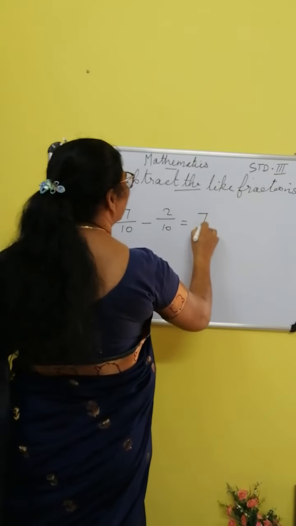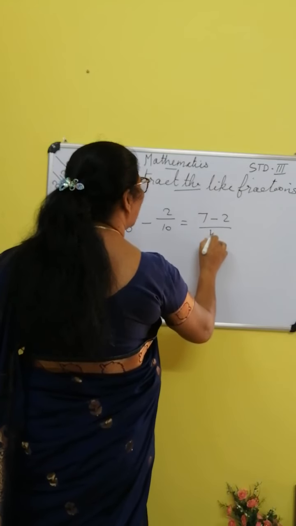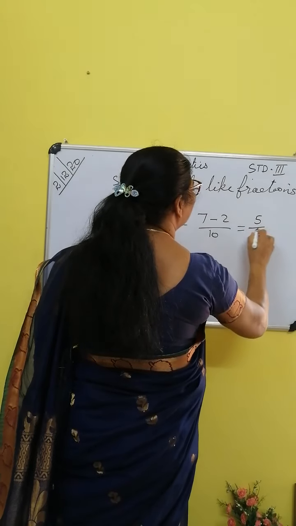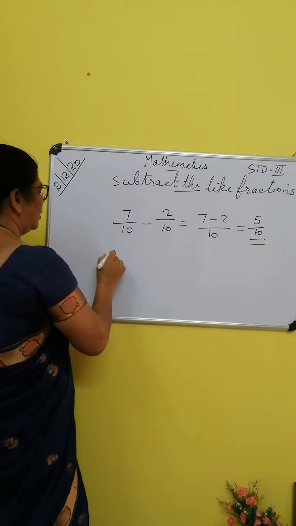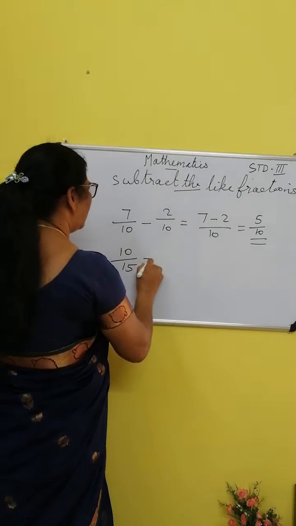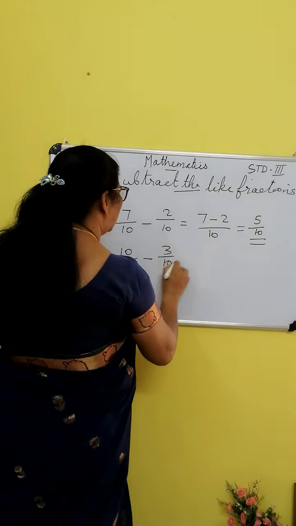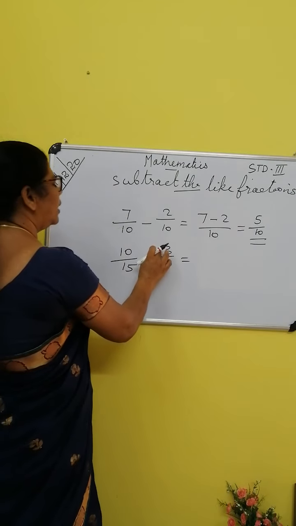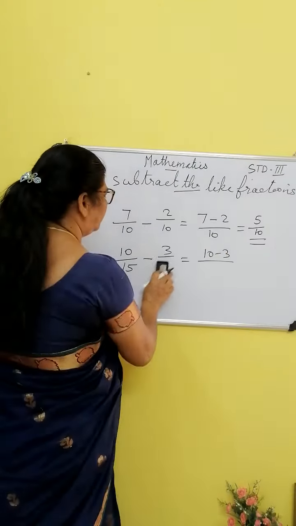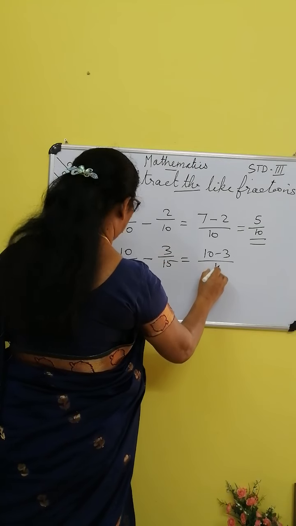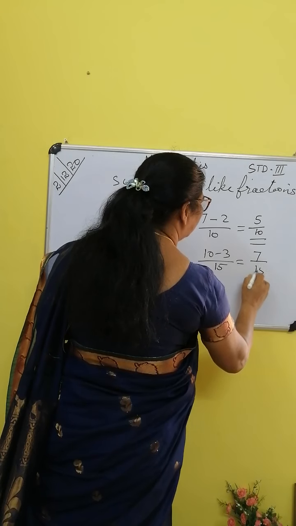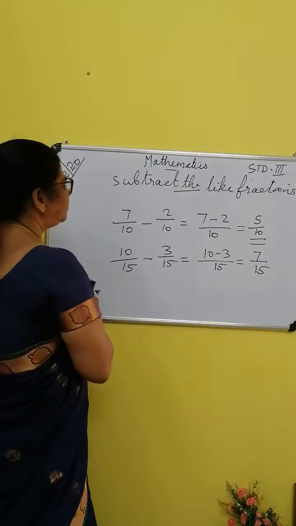So write 7 minus 2 by 10 equals 5 by 10. Okay. One more. 10 by 15 minus 3 by 15 equals 10 minus 3 by 15, equals 7 by 15. Okay, very easy.